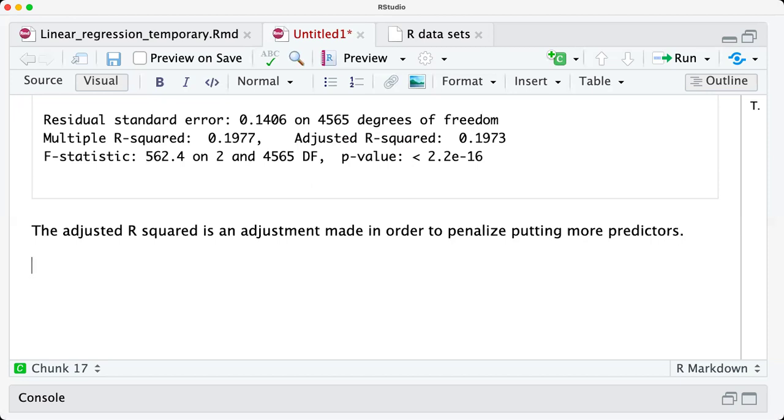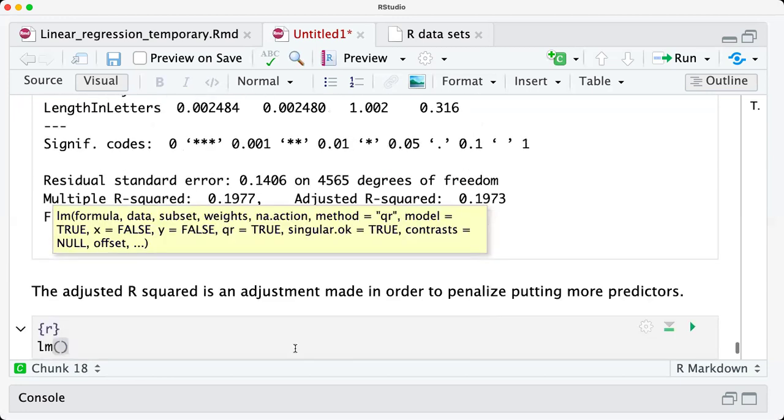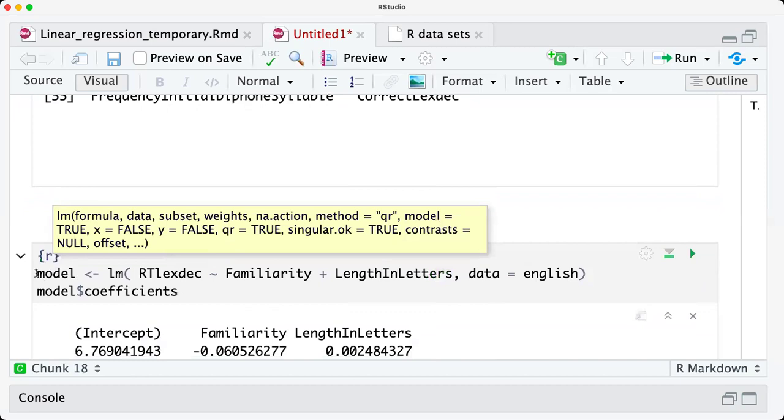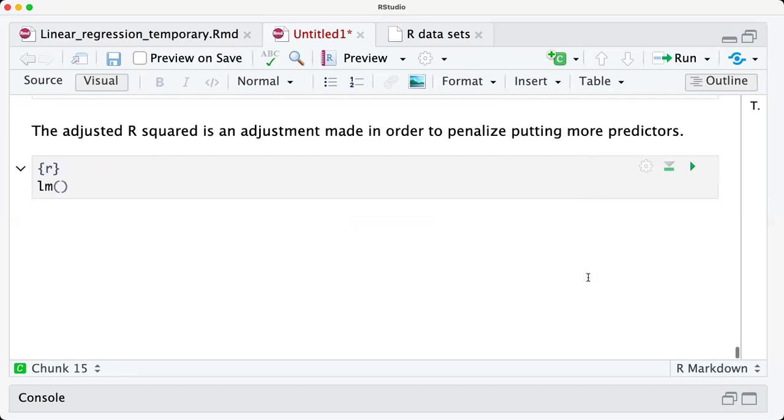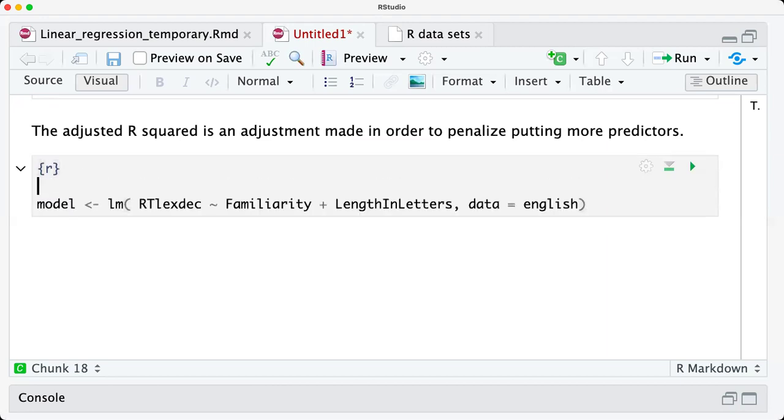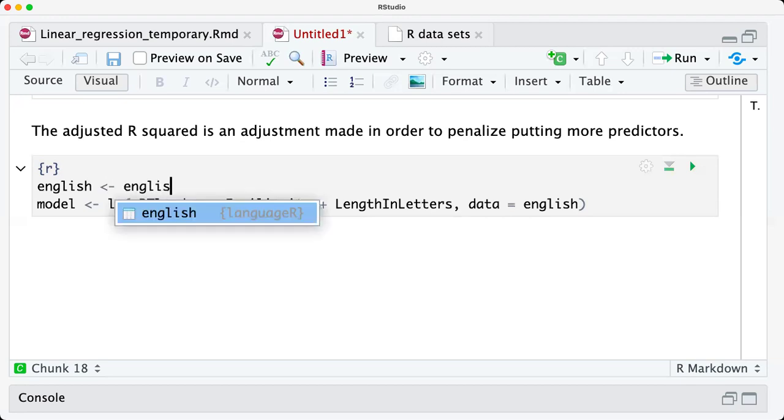For instance, in this model, if we do the same thing, let me copy and paste it, but we add a column of random numbers to this English data frame.